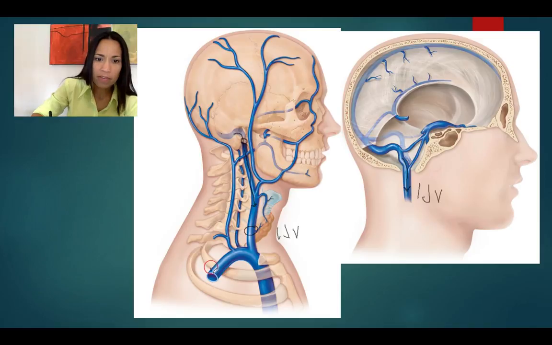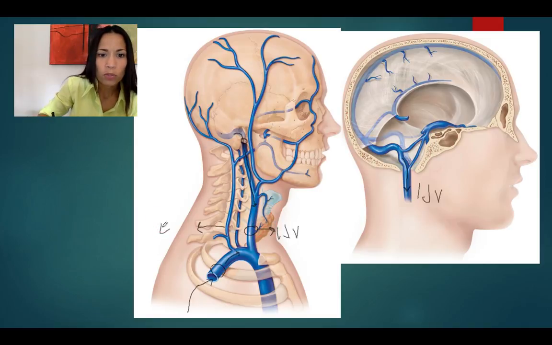Let's see the subclavian. We don't see it here, but in here is the arm, right? So it is collecting deoxygenated blood from your upper limb. And the subclavian also receives blood from this vein. Well, if we have an internal jugular vein, guess what? We also have an external jugular vein.